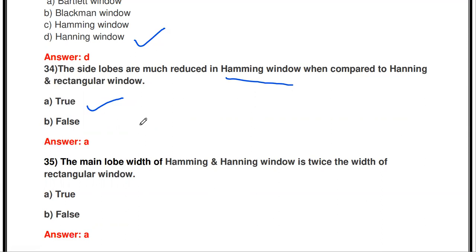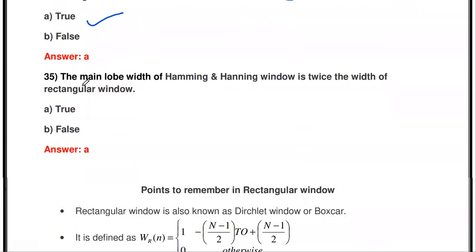The next one: the main lobe width of the Hamming and Hanning windows is twice the width of the rectangular window. Yes, it's true. For the rectangular window, the main lobe is 4 pi by n. For the Hanning and Hamming windows, the main lobe width is 8 pi by n.